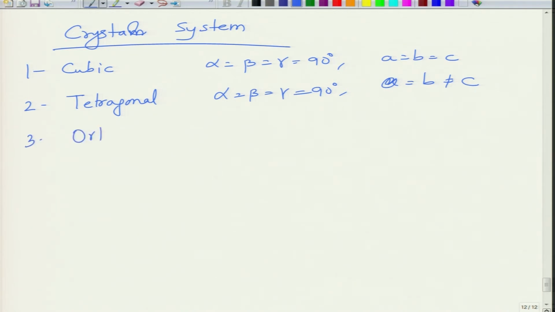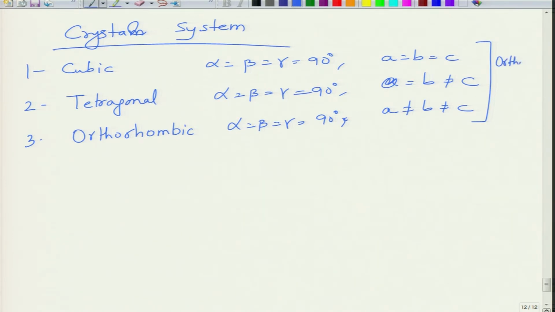Third is called as orthorhombic, wherein alpha is equal to beta is equal to gamma is equal to 90 degree, but A is not equal to B is not equal to C. These three are basically orthogonal systems, but they have different symmetry elements. Defining symmetry for a cube will be 4 3-folds.